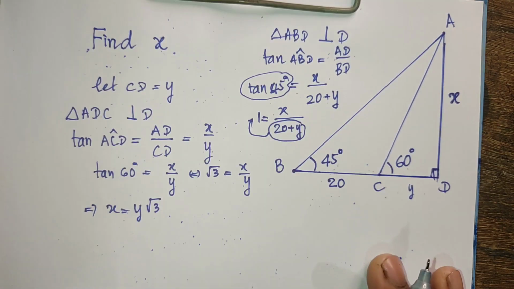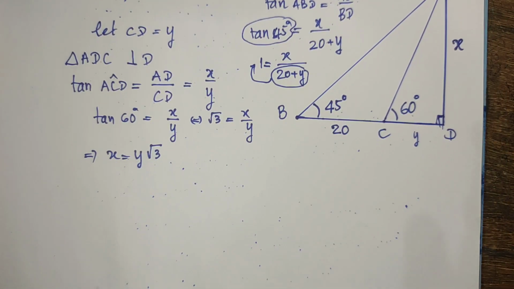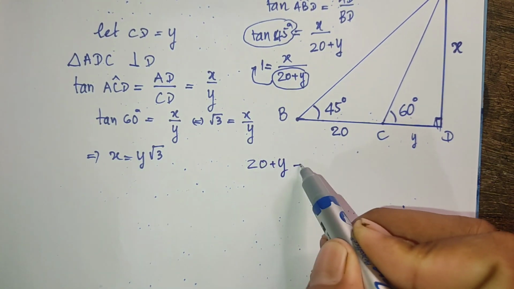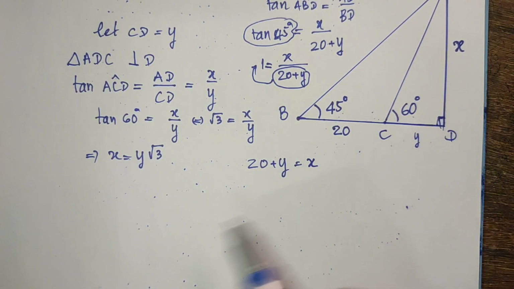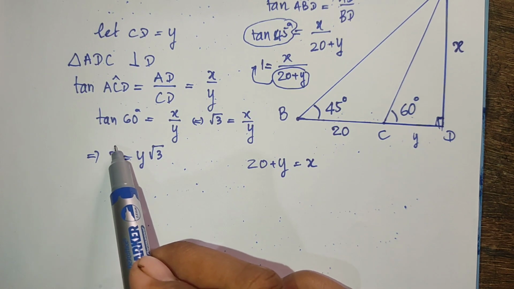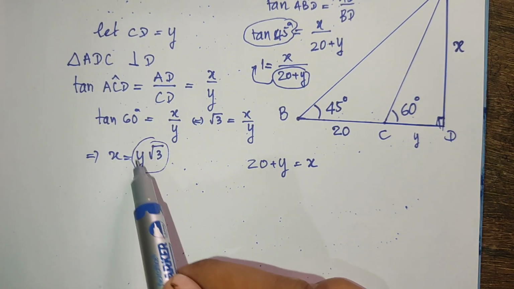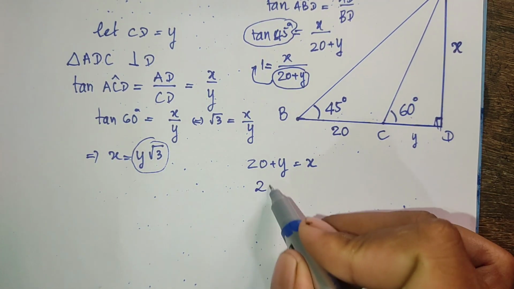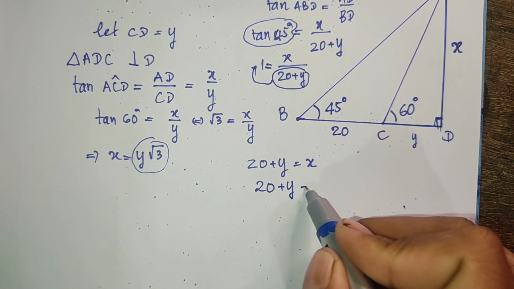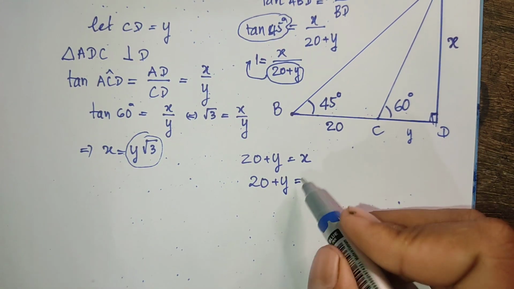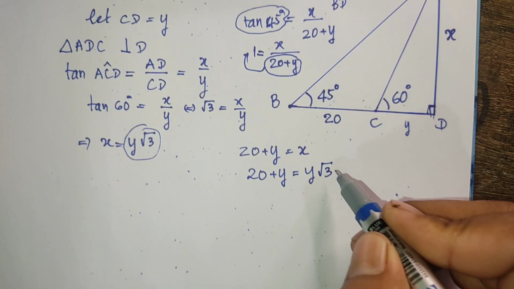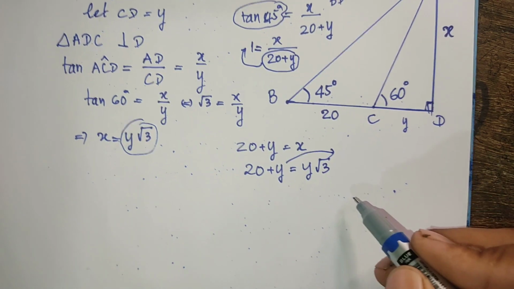So I get 20 plus y is equal h. And so now this h I replace by y square root 3. So 20 plus y is equal to y square root 3.